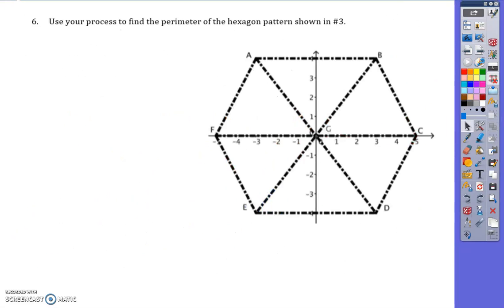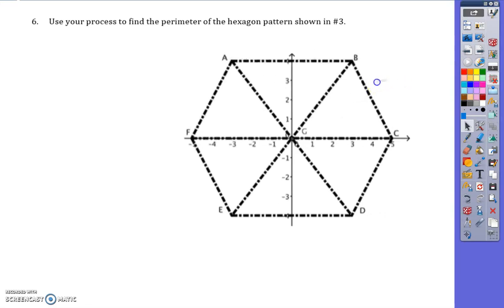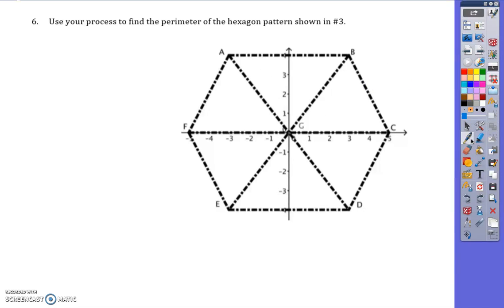So I'll just start over. So we're going to do, this was the square root of something. What was 4 and 2, so it was 16 plus 4, which is 20. It's square root of 20.